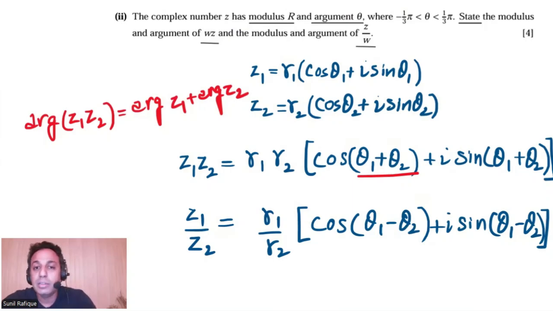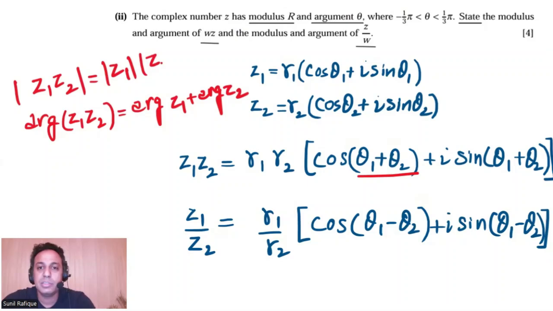And look, the modulus of Z1 Z2 is going to be the product of the individual moduli, which is Z1's modulus and Z2's modulus. I know it's a little bit harder to understand, but once you take out some time, note it down, then their applications are really significant, because otherwise why would they say state.